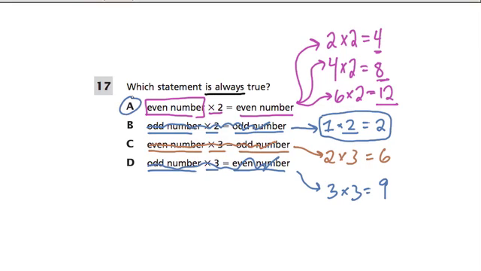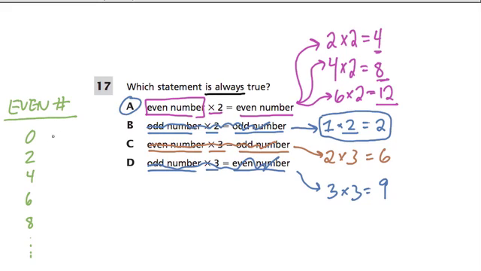So it seems that my answer is A, and let's just take a moment to talk about why that might make sense. Why is an even number times 2 always an even number? Well, let's think about what an even number really is. What is an even number? Well, we can write a list out like 0 is even, and 2, 4, 6, 8, and so forth. When we look at even numbers, we should look at the factors.